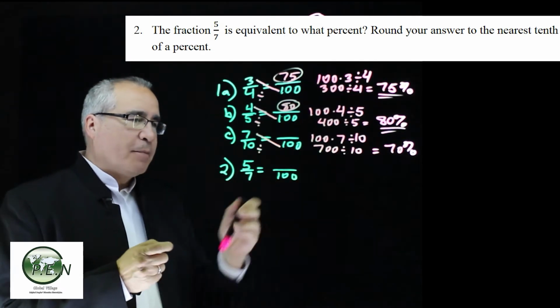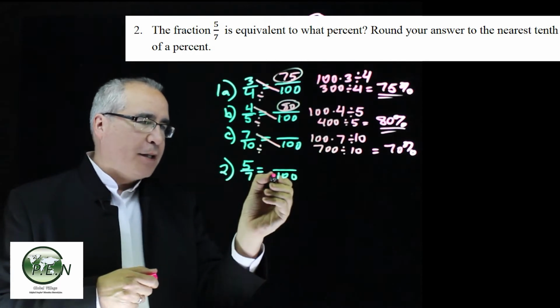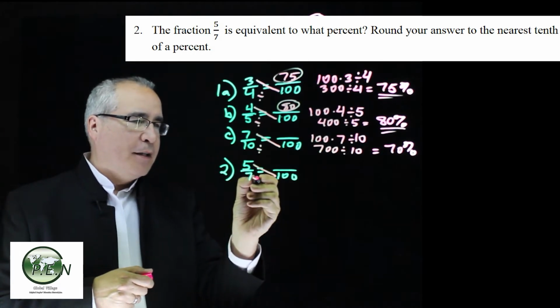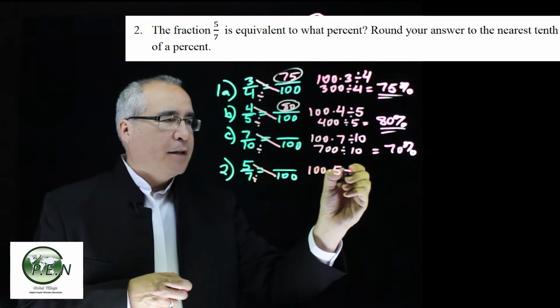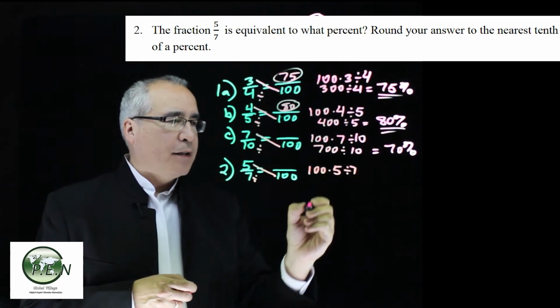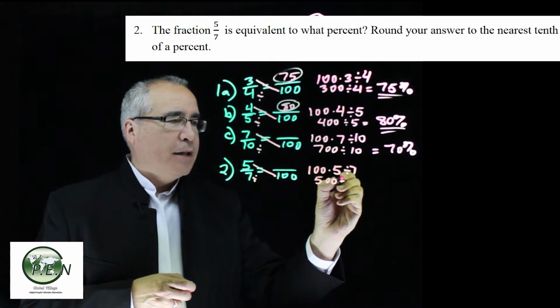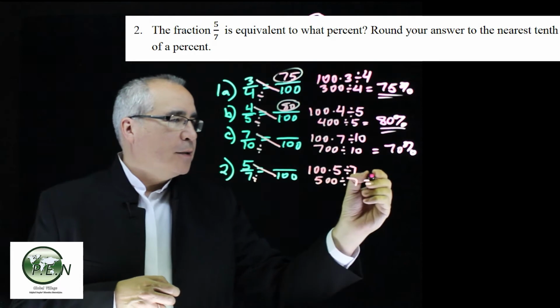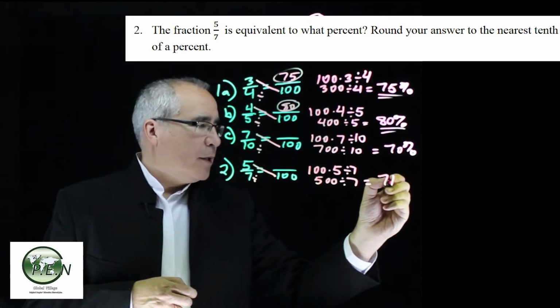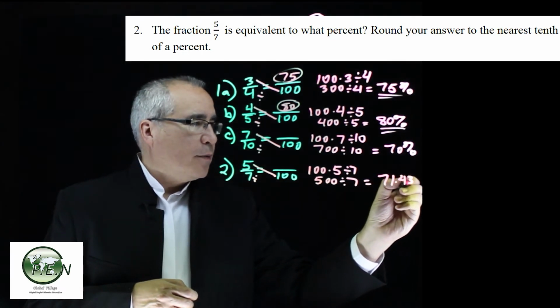5/7 is what percent? What per 100? 100 times 5 divided by 7. That's 500 divided by 7. And plug that in your calculator. You will get 71.43%.